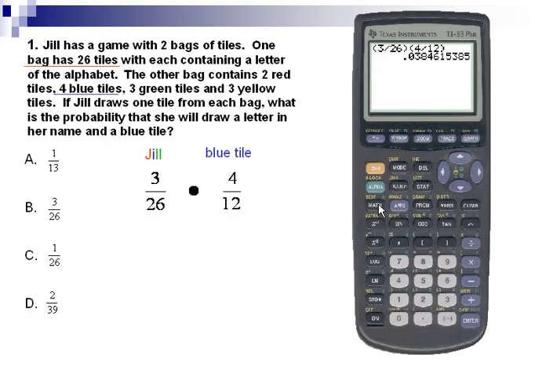So to change my answer to a fraction, I go to Math, and notice that fraction is highlighted, so press Enter. The calculator is asking you whether you want your answer in a fraction. Press Enter. So the answer I get is 1 over 26, and that choice would be choice C.